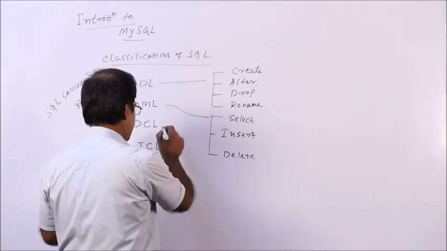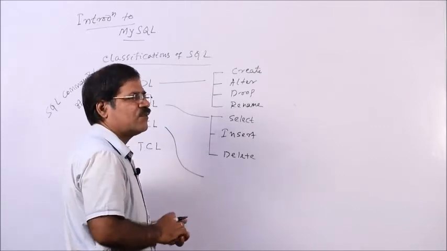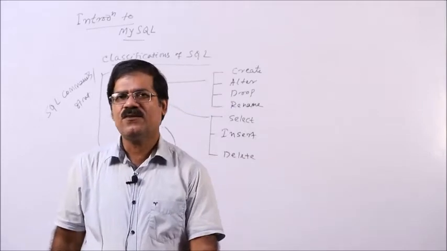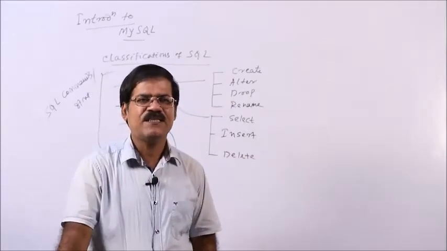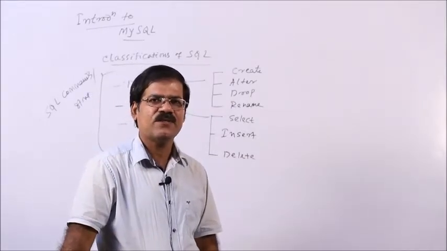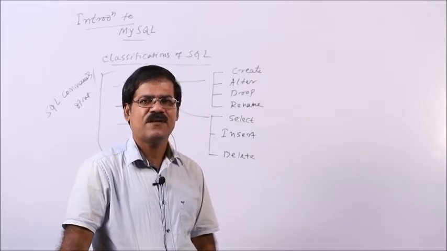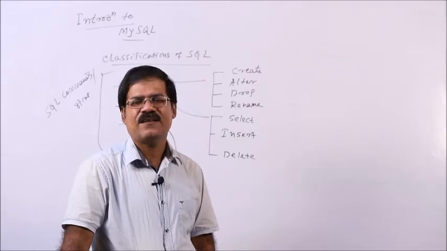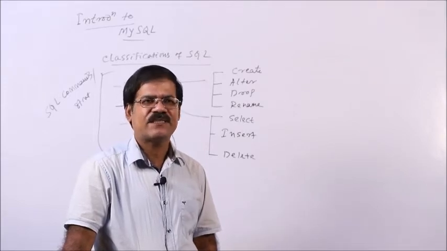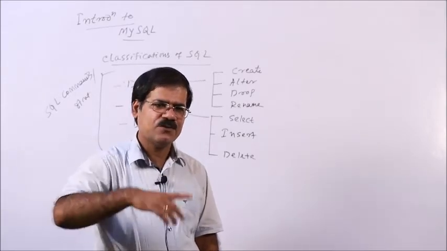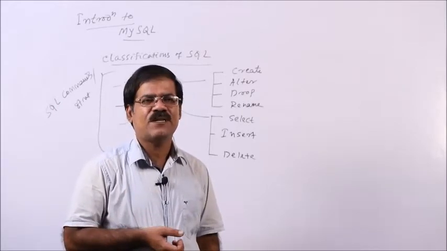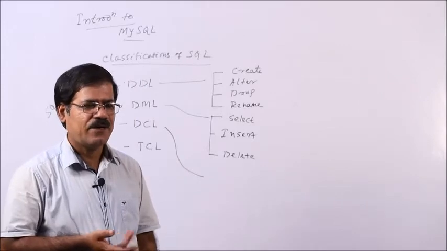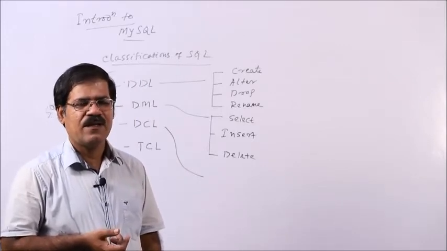Then next, DCL. DCL means data control language. Who will provide the control permission? The super user will provide the permission, controlling the database, that means who will access which part of the database. The database is huge and contains a number of tables: student table, employee table, course table, books table.